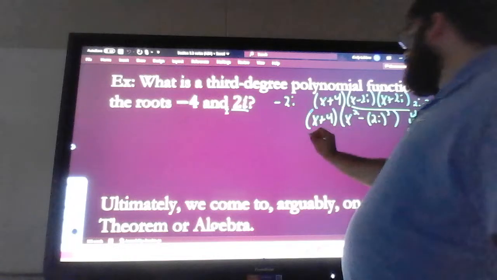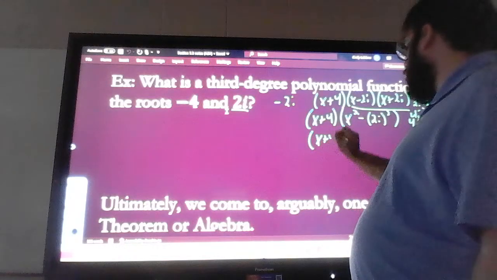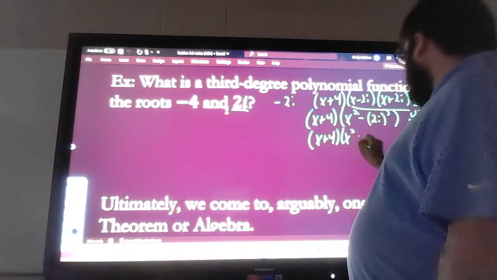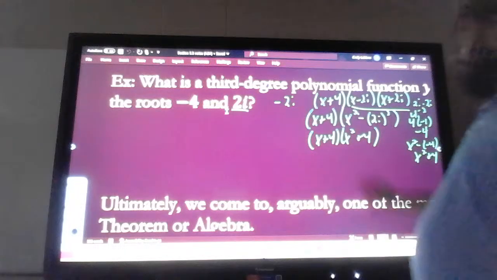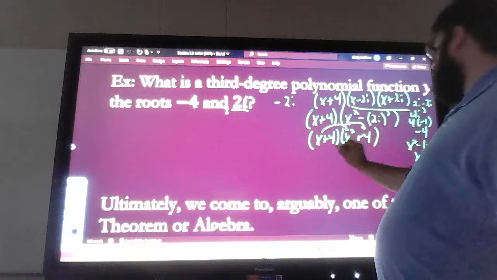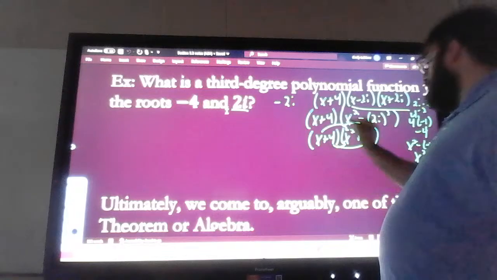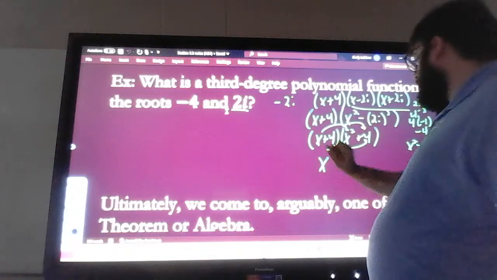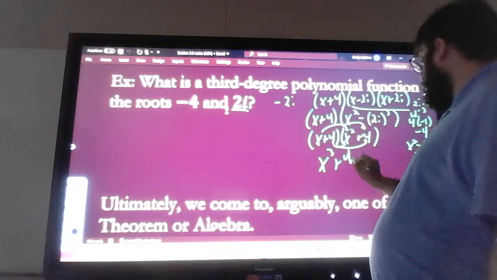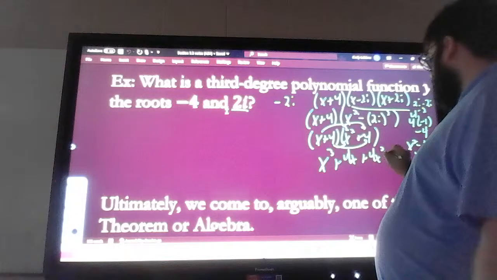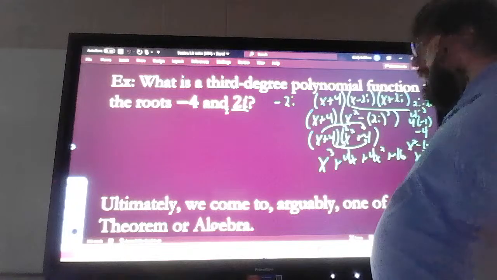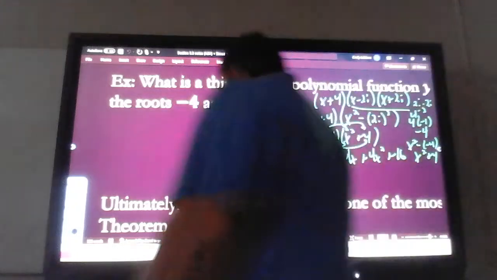All right, so this becomes x plus 4 times x squared plus 4. Now I can go ahead and continue to multiply it out by FOILing. So first, outside, inside, last. So x times x squared, x times 4, 4 times x squared, and then 16. I'm just going to go ahead and put it in standard form just to clean it up.